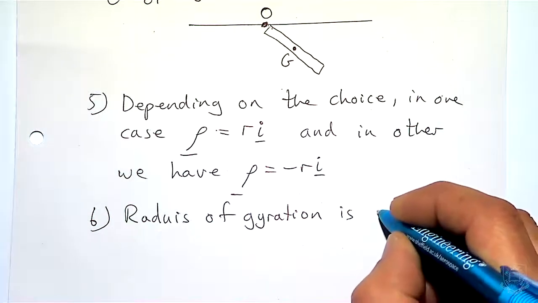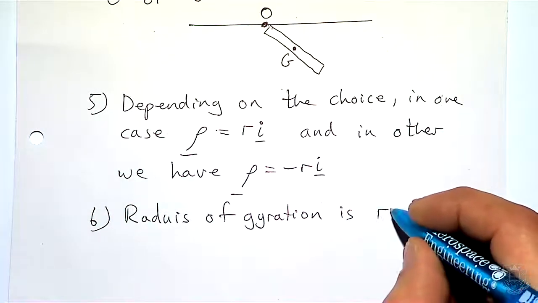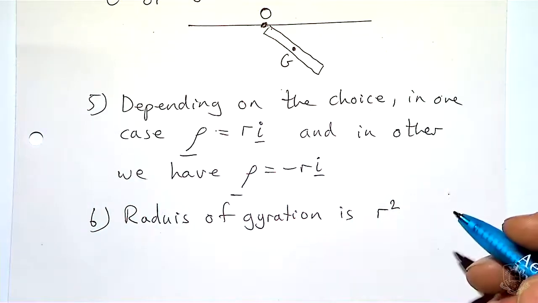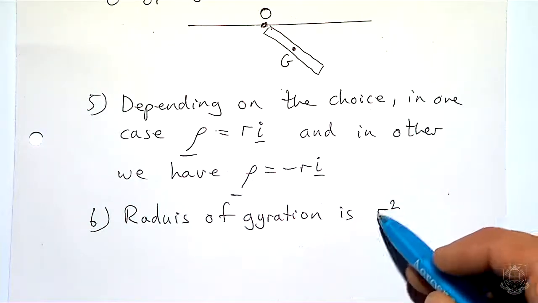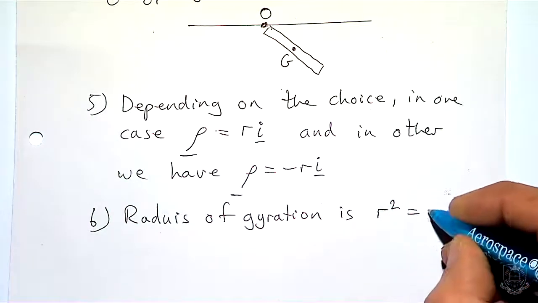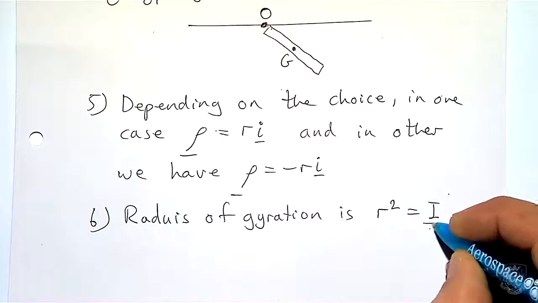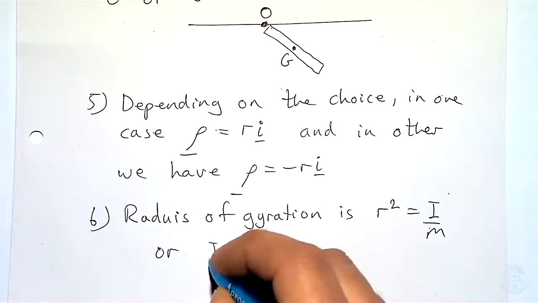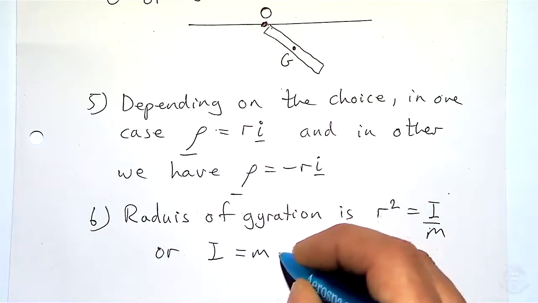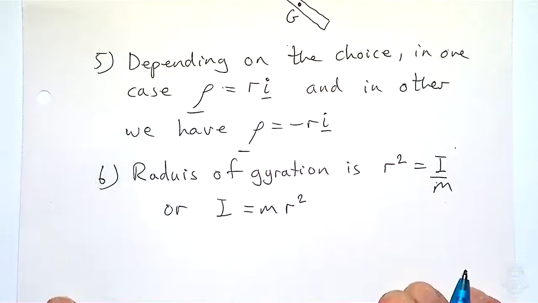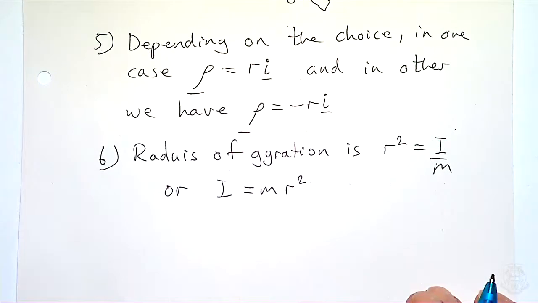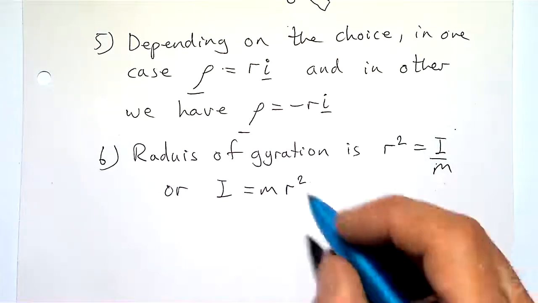We can say the radius of gyration is normally written as r squared. It's a bit like variance being standard deviation squared. People say radius of gyration, but what they actually mean is the parameter r squared, and it's equal to the moment of inertia divided by the mass. Or, as I think we wrote down earlier, the moment of inertia is equal to the mass times the radius of gyration squared.